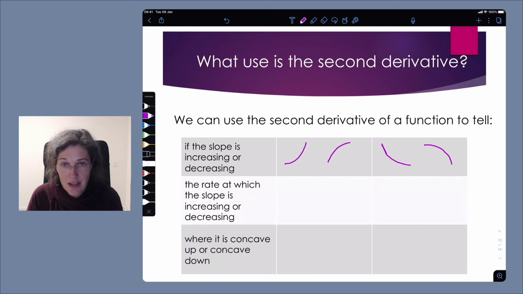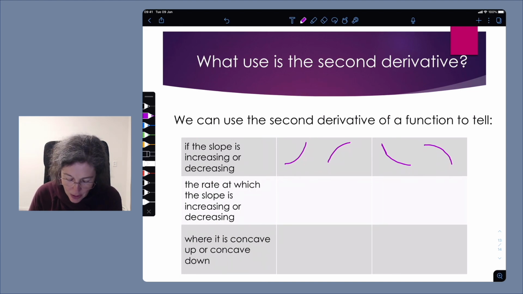And exactly like with the first derivative, it's not just saying it's getting steeper or it's getting less steep, it's actually giving the rate. So if you evaluate our second derivative, it tells you the rate at which the slope is increasing or decreasing. What this all really boils down to is saying, where is our function concave up or concave down?